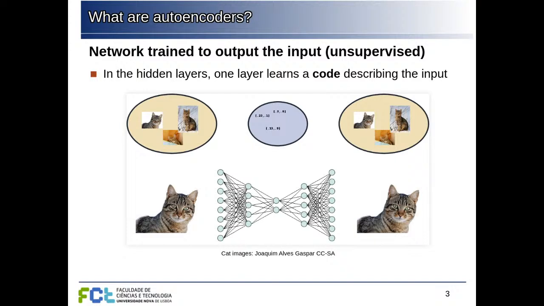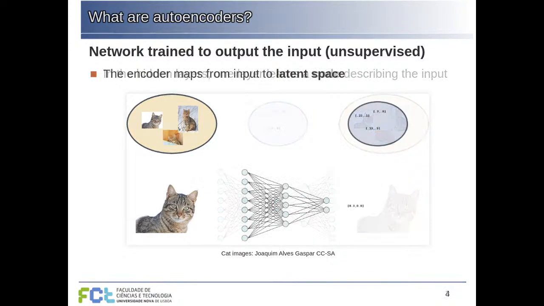What we are interested in is inside the network, in these hidden layers, specifically, typically at the center of the autoencoder, there is a layer which will create an encoding of the input, and that is the one we are interested in. So basically, we are training the whole network so that the output is the same as the input, because we want then to use some representation that is created inside the network, this latent representation in a specific hidden layer that we are interested in.